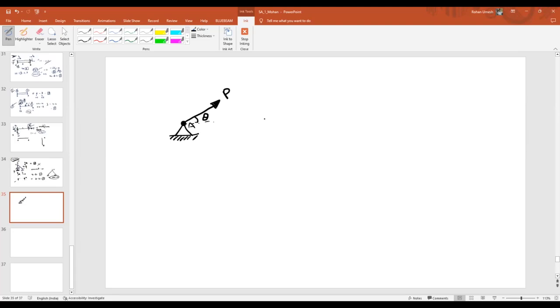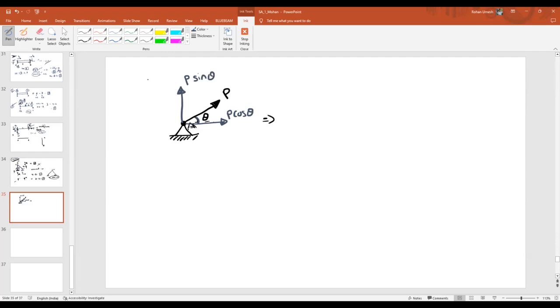What is the first point that you have to say? If the forces are not truly acting along the horizontal or vertical direction, we will resolve them along the corresponding directions, right? If I resolve this force along the horizontal direction, the x component is P cos theta, and the other side is P sin theta.